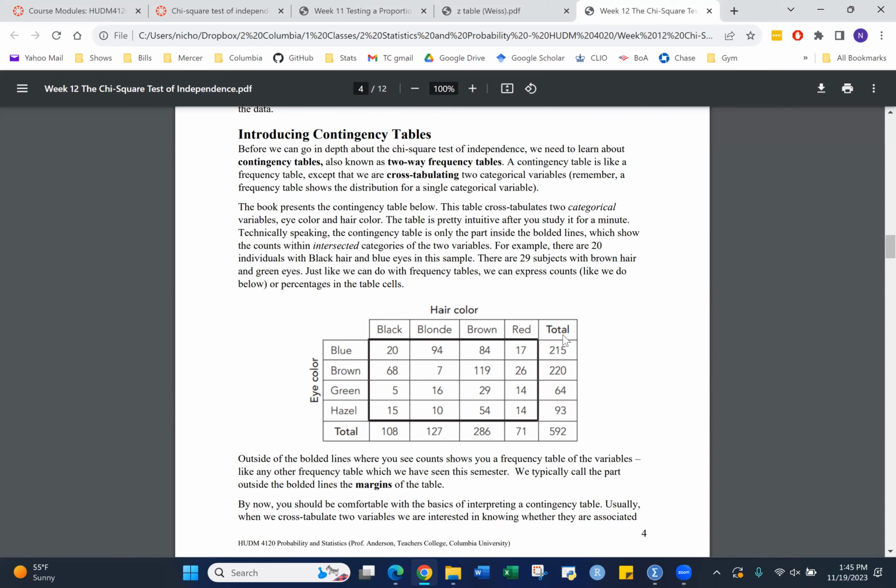This column is a frequency table. You also have a frequency table of hair color here, with 108 people with black hair, 127 blondes, etc. So in the margins of this table, outside of the bolded part, you actually have frequency tables. And these are univariate frequency tables.